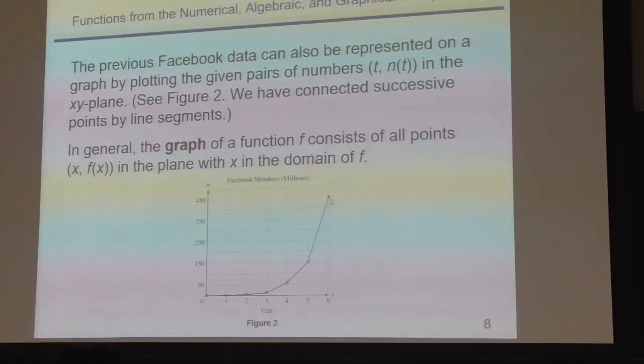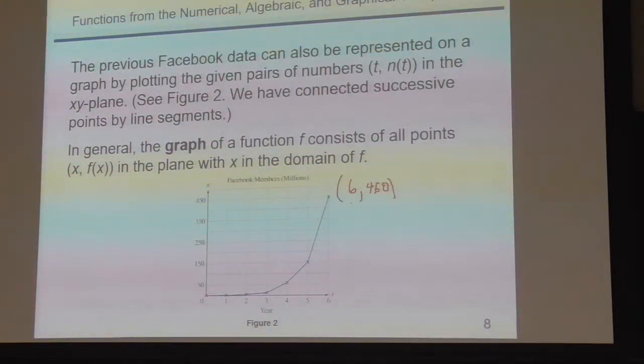So what are the coordinates of this point? t equals 6 and n equals 450. In other words, the coordinates are (6, 450).